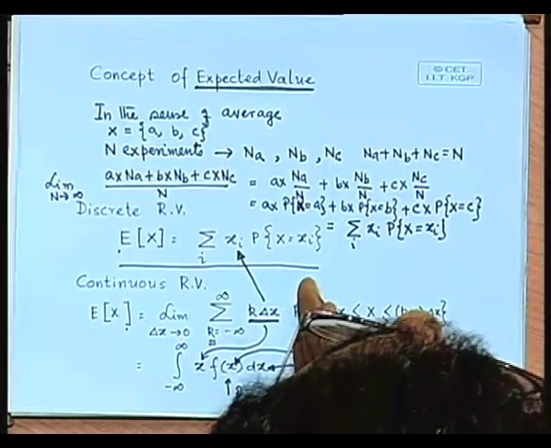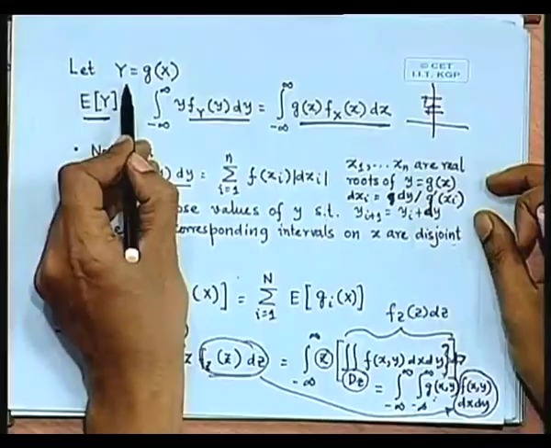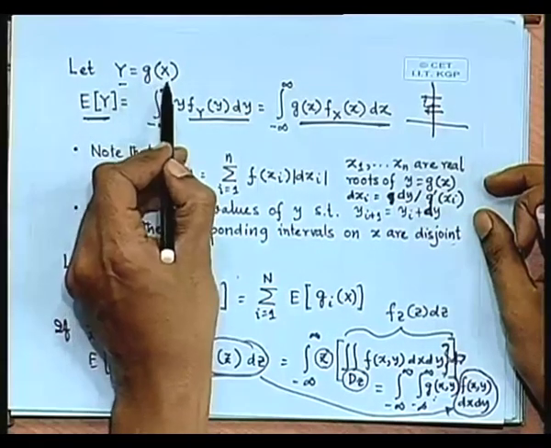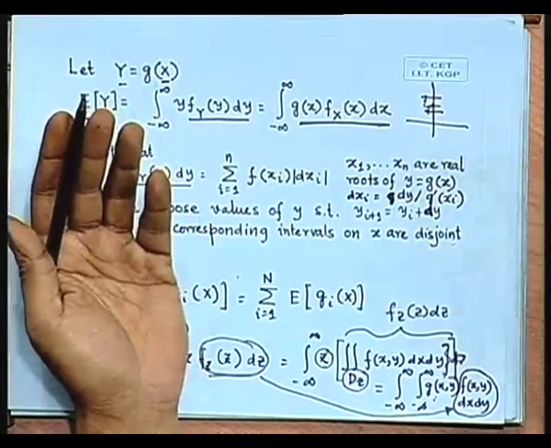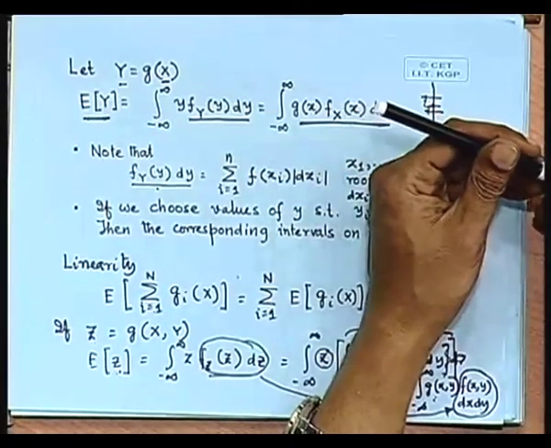Now, this is the expected value of a random variable. Suppose we have a function of a random variable, in other words, a random variable y which is a function of a random variable x. We have already seen that if y is constructed by taking a function of x, then we know how to calculate the distribution functions and density functions of y.